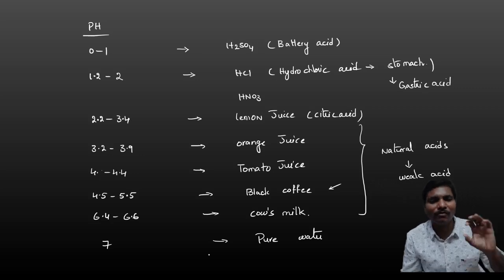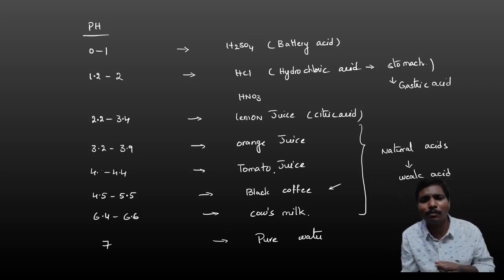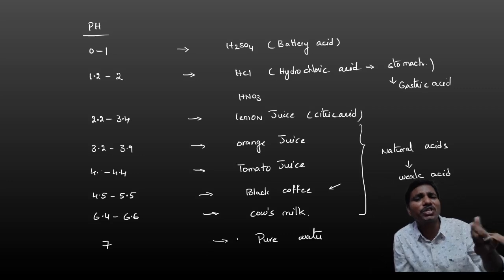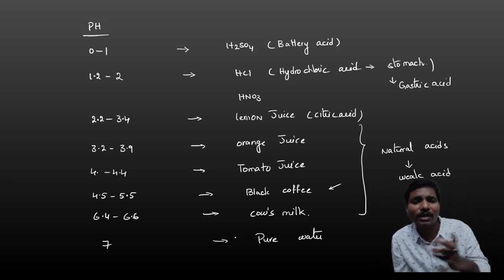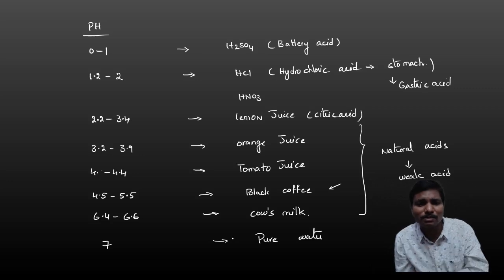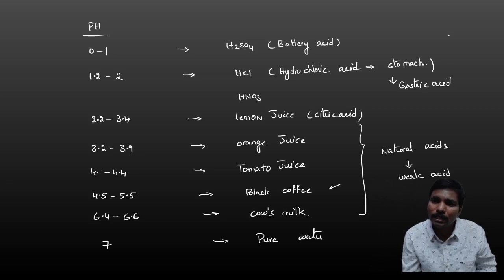Whenever they give any acid and ask whether it is strong or weak, for example oxalic acid, you can simply say that oxalic acid is present in tomatoes. That is a naturally occurring acid, so you can say weak acid. If anyone asks whether H2SO4 is a strong or weak acid, that is an industrial acid. Industrial acids are strong in nature.